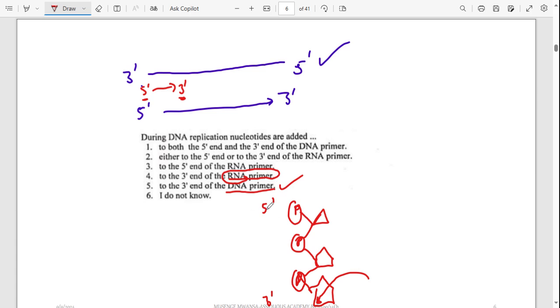But then to continue the process, we are going to be adding to the one end, and that one end has got DNA. Hope we understand this very well. The first primer that we lay down, led by primase, is going to be RNA, but the others to come are going to be DNA primers.